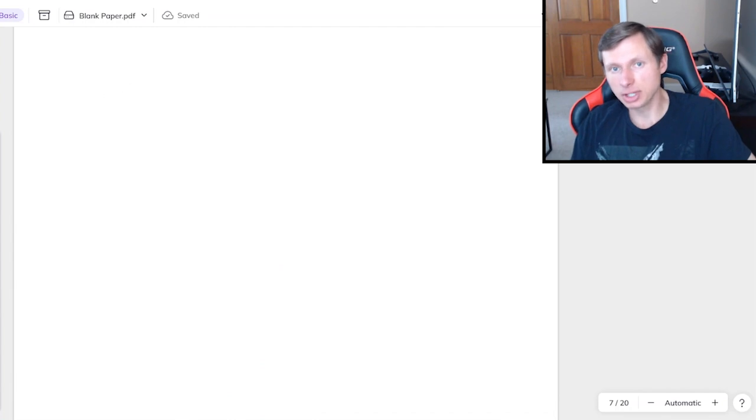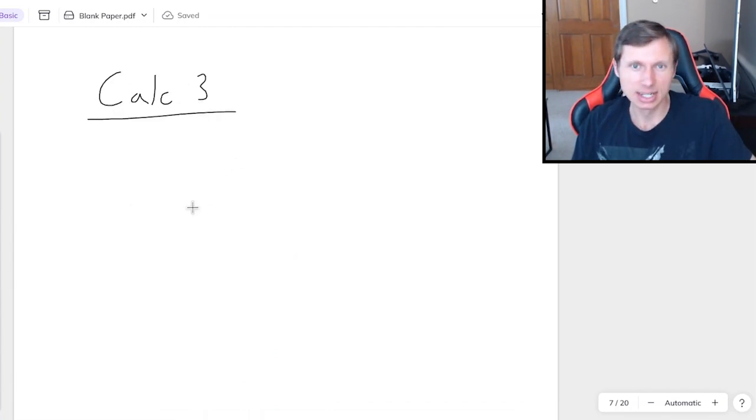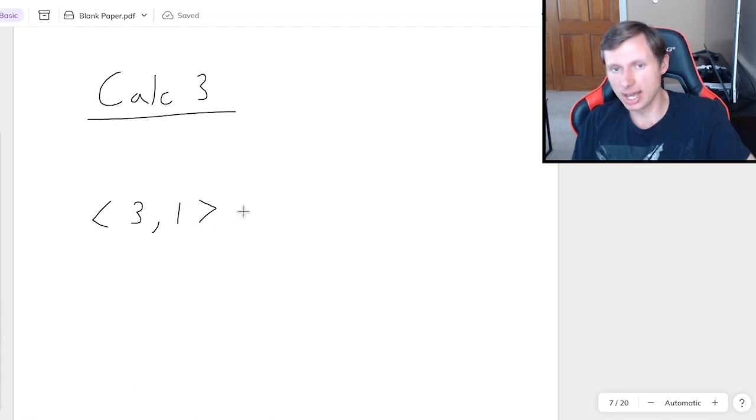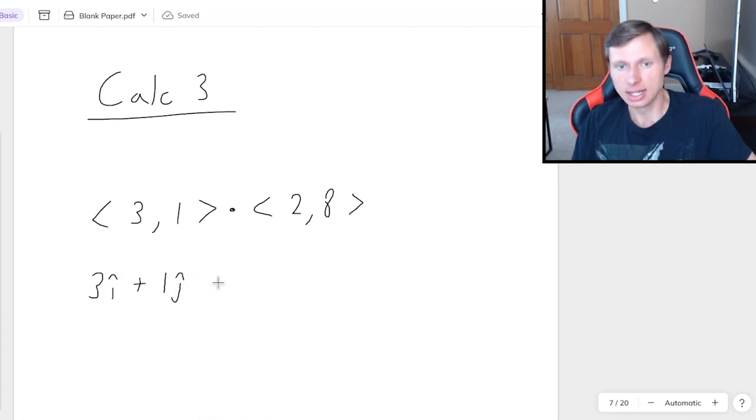And then with calculus, specifically Calc 3, multivariable calculus, you'll usually see something like this. <3, 1> with the angled brackets, dot product with <2, 8> or something. And what this is basically saying is this first vector is 3 i hat plus 1 j hat, dot product with 2 i hat plus 8 j hat.